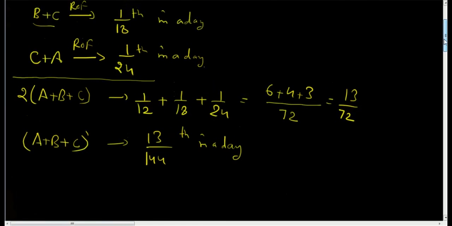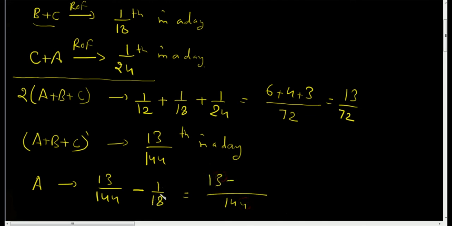So just for A, 13 by 144 minus 1 by 18, and we take the LCM. 144, this is 13 minus this is 8, so this will be 5 by 144. So this is A's one day work, right, in a day.